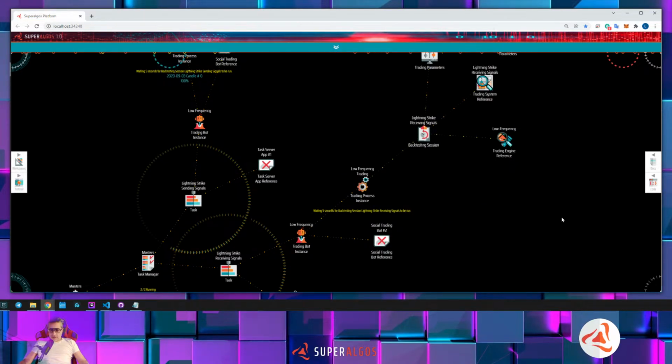So we're going to run the second bot, the one following the signals.